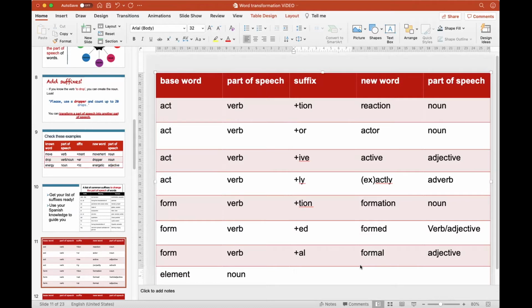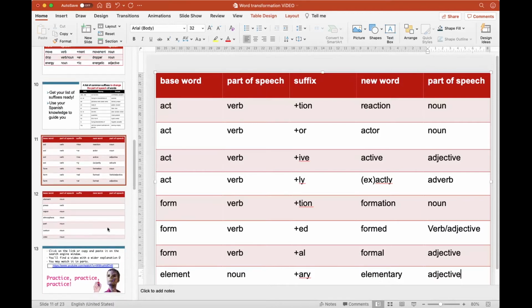Elementary. Excellent. And now it is an adjective. Very nice.